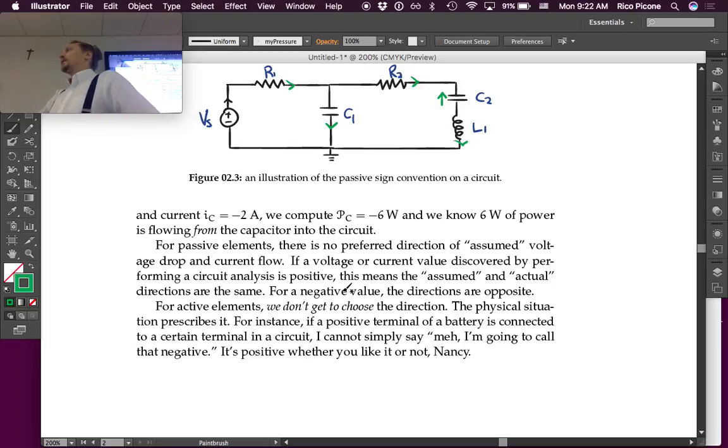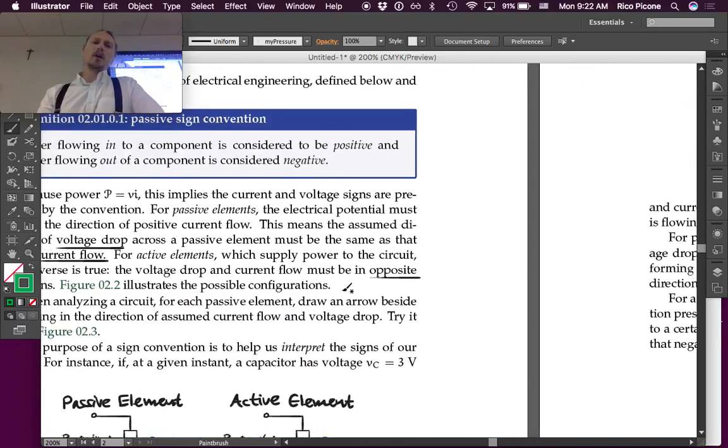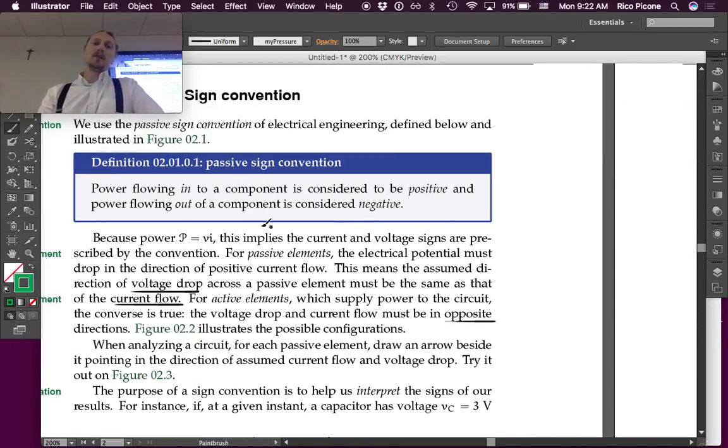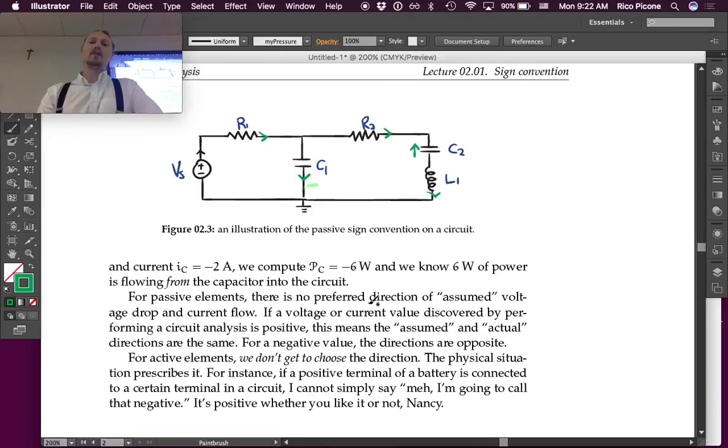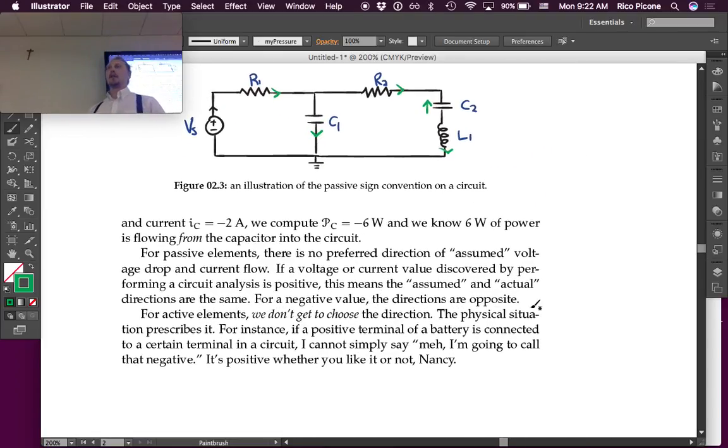That's how we were able to interpret it, because we established our current and our voltage in accordance with our sign convention, which says a positive power corresponds to power flowing into a component, and a negative power corresponds to power flowing out. Since we computed a negative power, we know that the power is leaving the element.